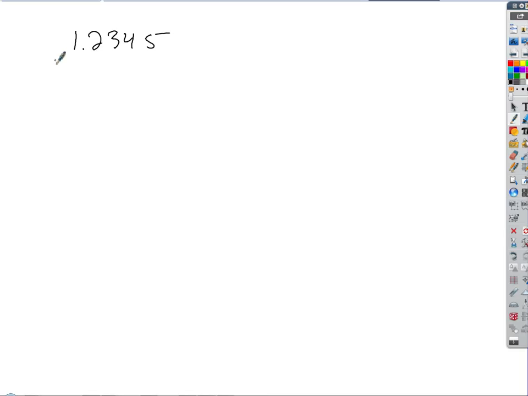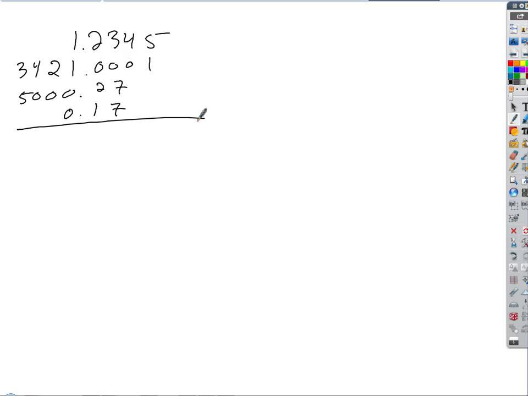So how about 3,421.0001, 5,000.27 and 0.17. Okay, what would I do? What's the number with the least number of sig figs? The bottom one has 2, right? If I add all these up here, let's see, what do I get?